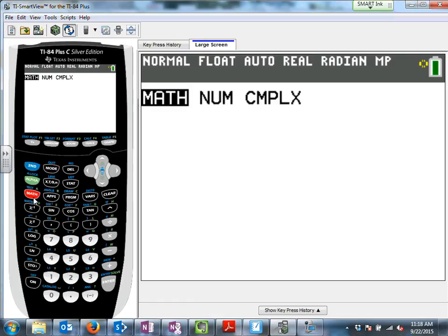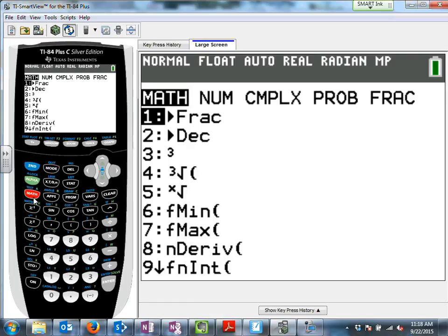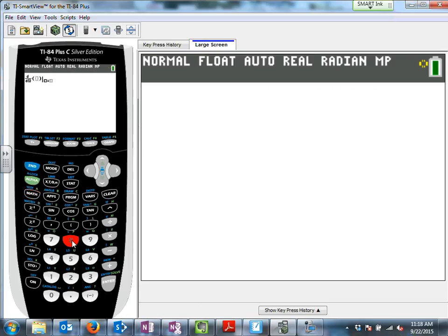Everybody hit math. And then you see there's this derive option. Hit math 8. If you have a TI-83, just hold on. If you have a TI-84, this is what it gives you.